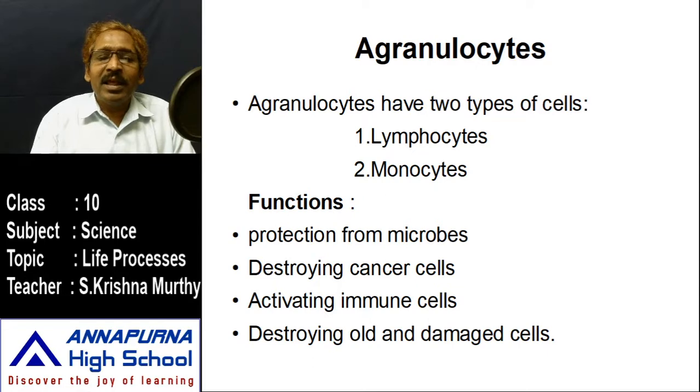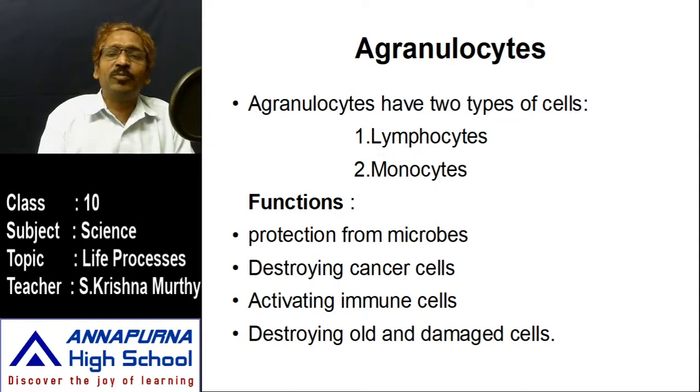When we observe the functions of the lymphocytes and monocytes, mainly they protect us from the microbes. What are microbes? Those that are not visible to the naked eye are called microbes. Generally we can observe them only under the electron microscope, such as bacteria and viruses.